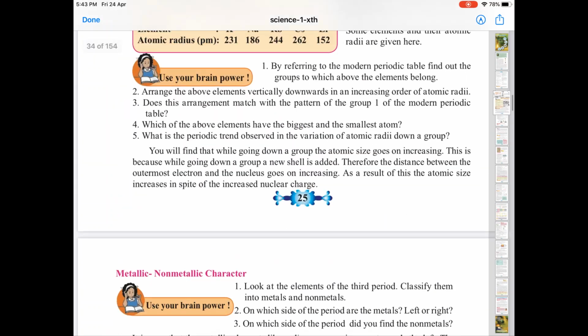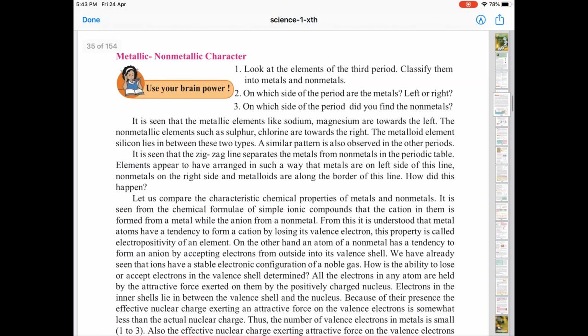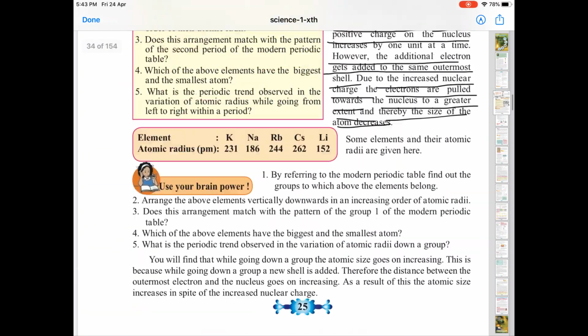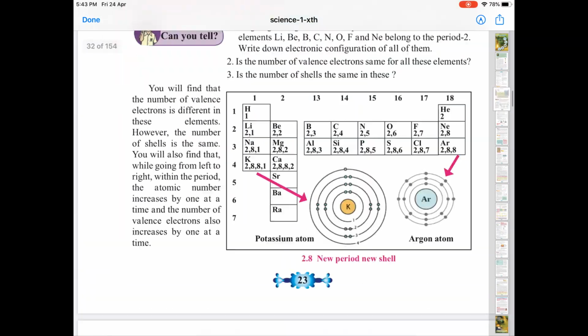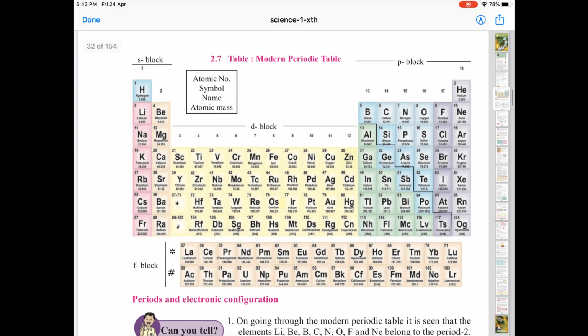Now, if you see the periodic table, you know that there are metals on the left. So, let us look at the periodic table. Yes, here the metals are on the left. Now, the non-metals are on the right. So, as we go from left to right, the metallic property decreases.